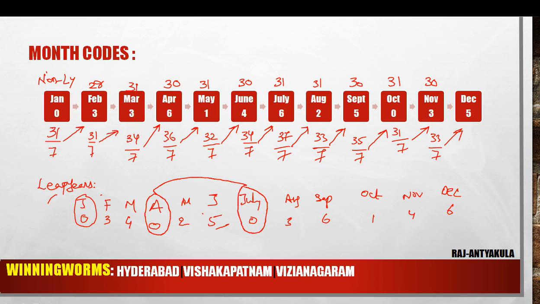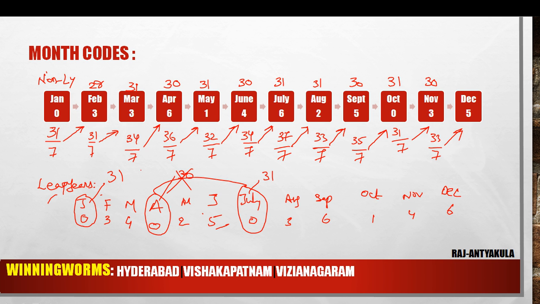Having the same calendar means the month code of January is 0, and April is also 0 and July also 0. July has 31 days, January has 31 days and April has 30, so April is not possible. So in a leap year, January and July will have the same calendar.